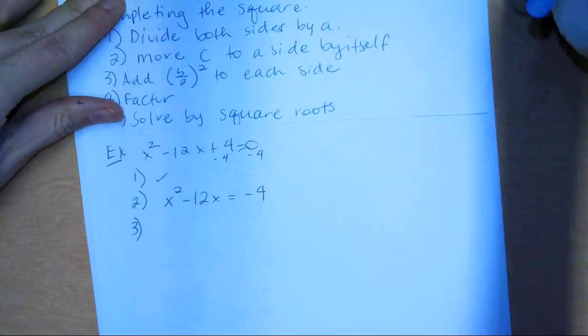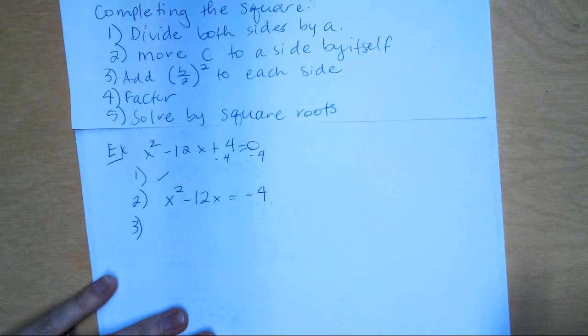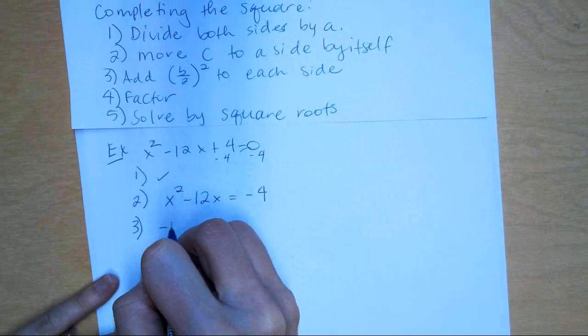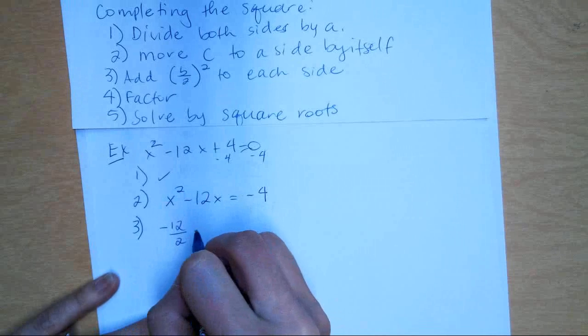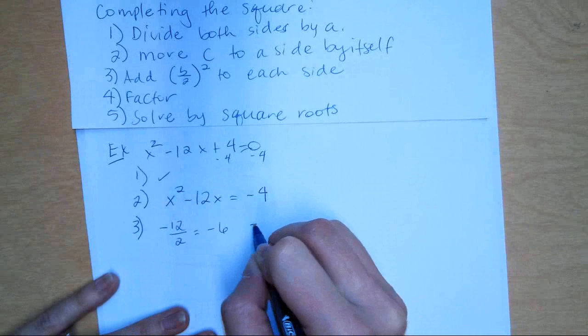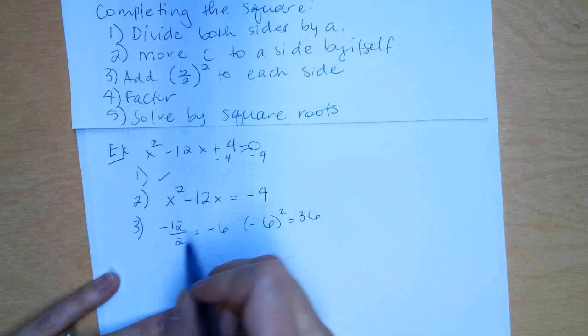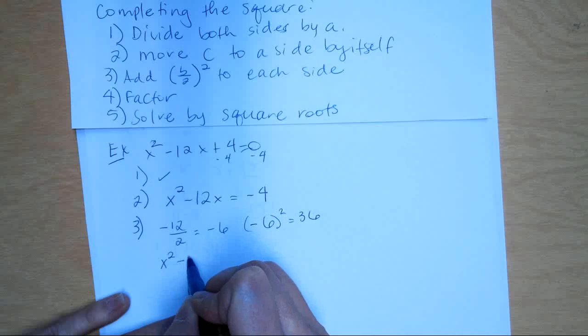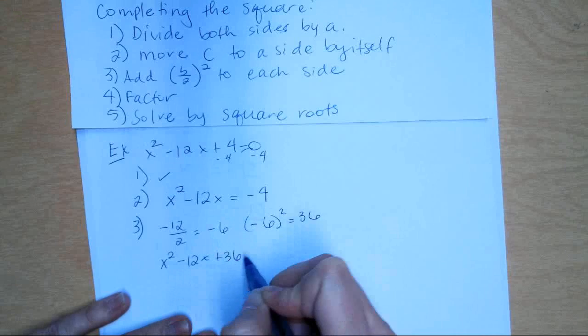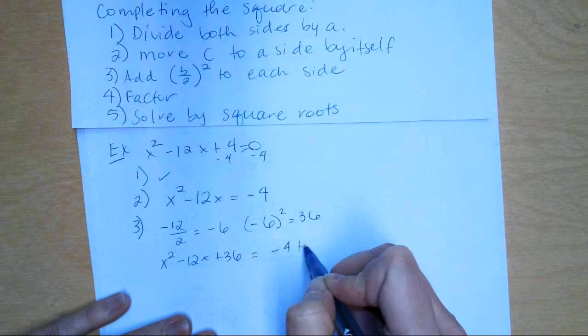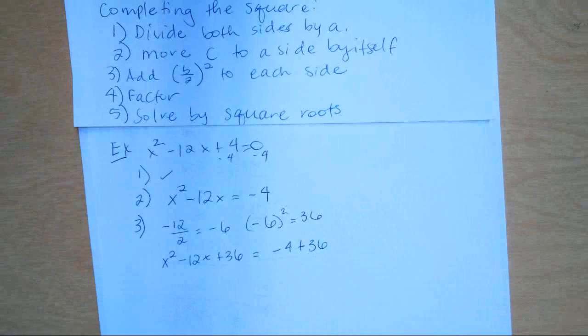Step 3 says add b over 2 squared to each side. So what is b? Negative 12. So negative 12 divided by 2 is negative 6, and negative 6 squared is 36. So I'm going to add that to both sides. X squared minus 12x plus 36 equals negative 4 plus 36. It's really important to do this to both sides.